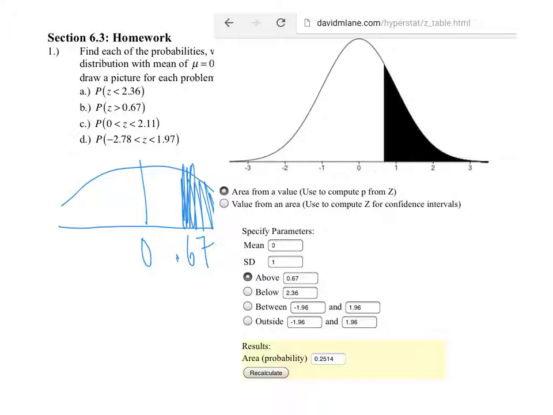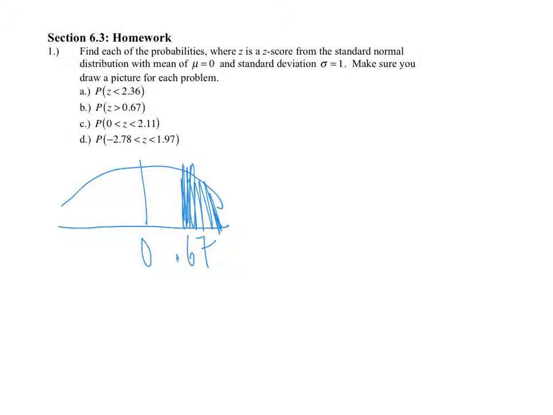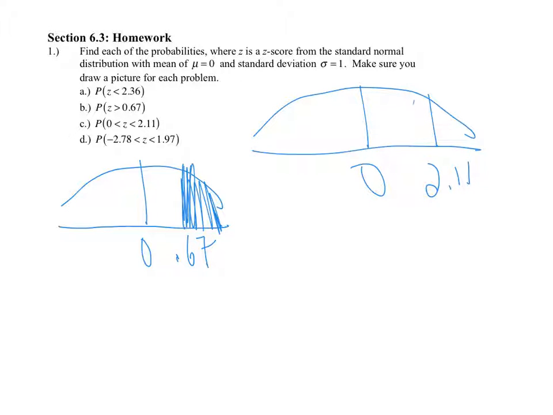Okay, let's do the next one. Let's see, what do they want us to do? Between 0 and 2.11. So I'm looking between 0 and 2.11. So I'm going to guess this is pretty close to 50%, not quite.